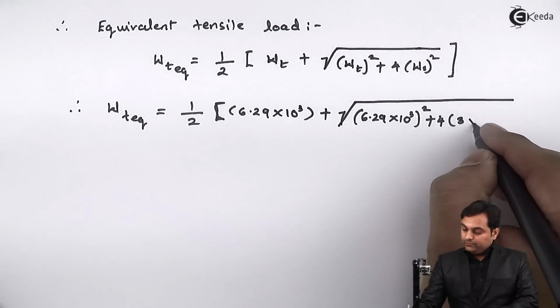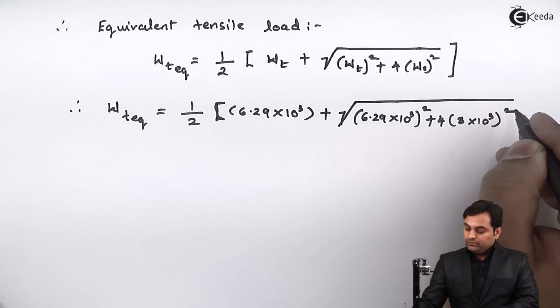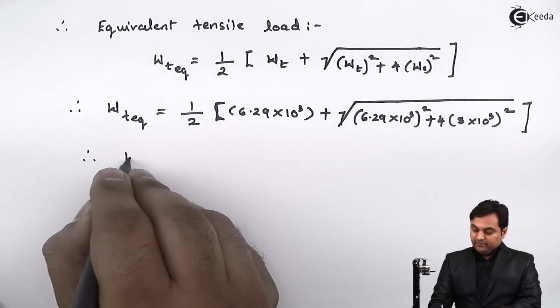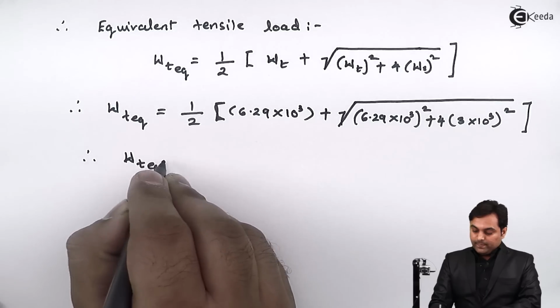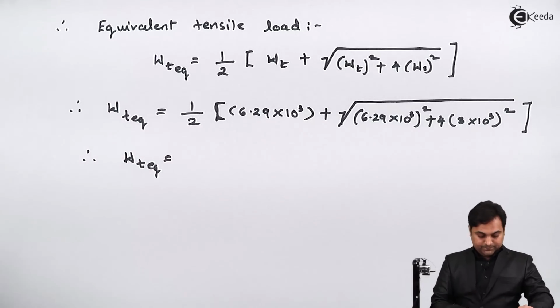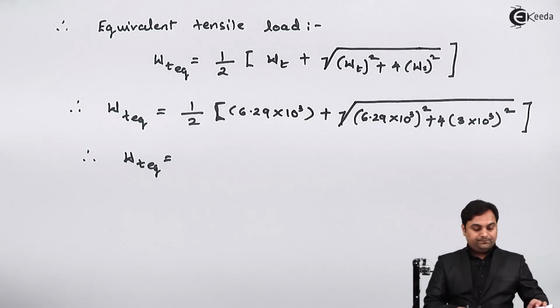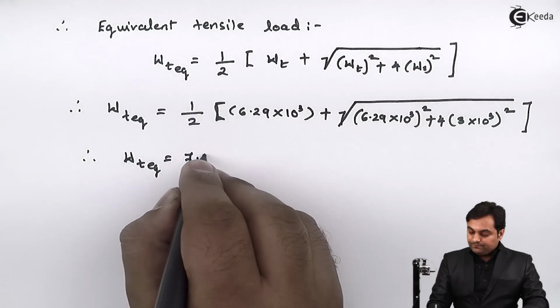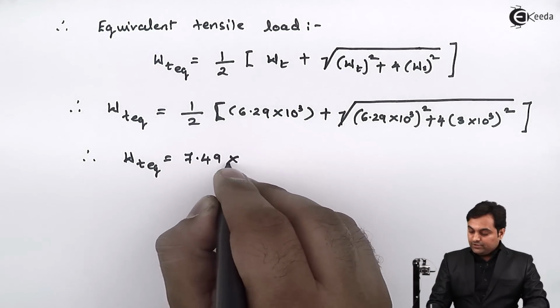So 3 into 10 raised to 3 whole square. So from this I will be getting the value of equivalent tensile load, and my answer is, it comes out to be 7.49 into 10 raised to 3 Newton.